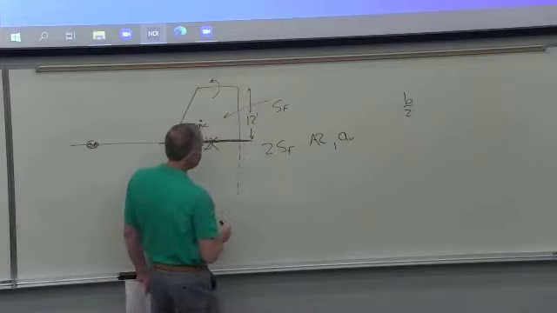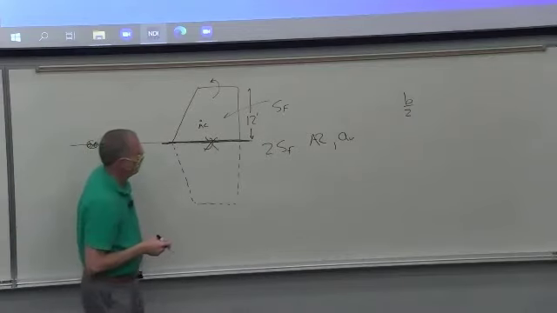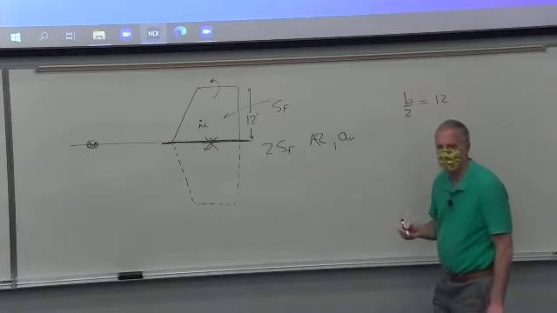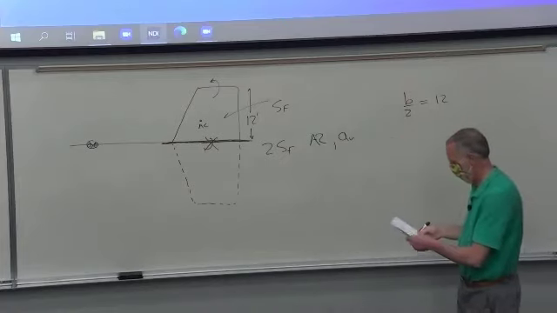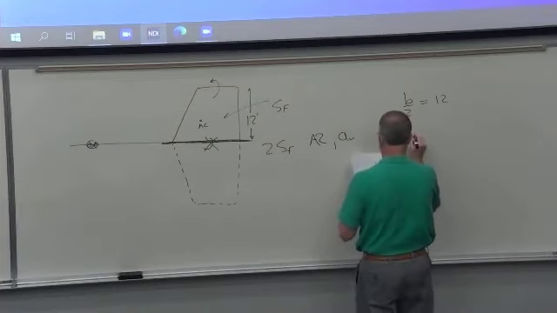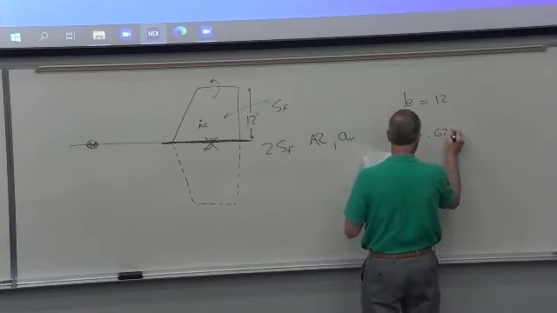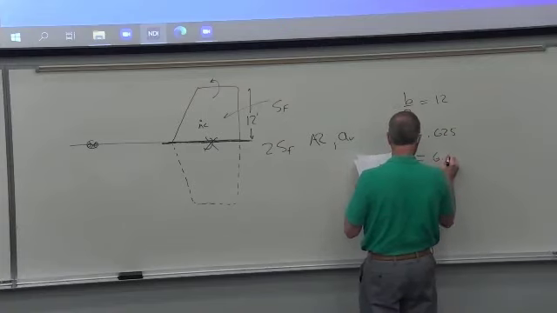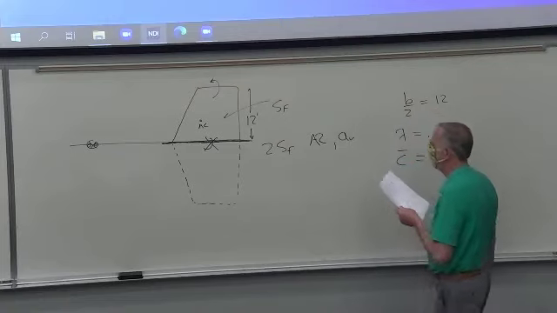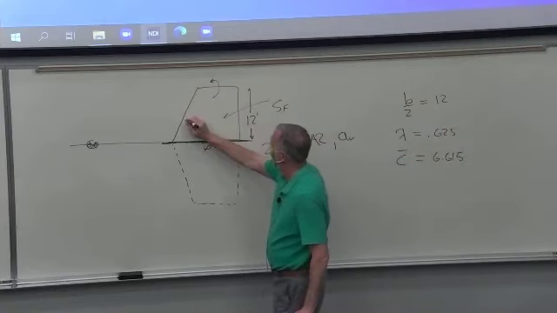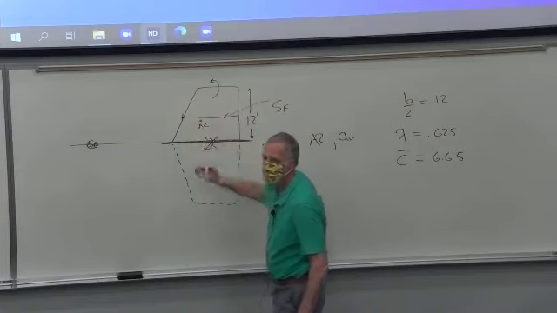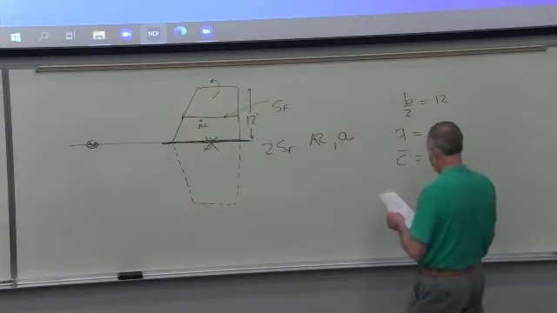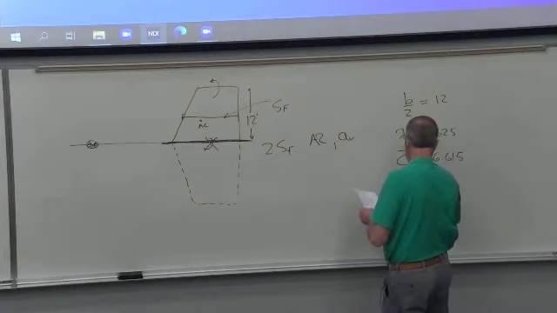But for the fictitious wing, the wingspan is going to be double that. So B over 2 for our calculations is going to be 12. Is that half? And then lambda, you should get 0.625. And then the formula for C bar, that's the mean aerodynamic chord. So that's the average chord somewhere in here of this wing. And then use the big formula.